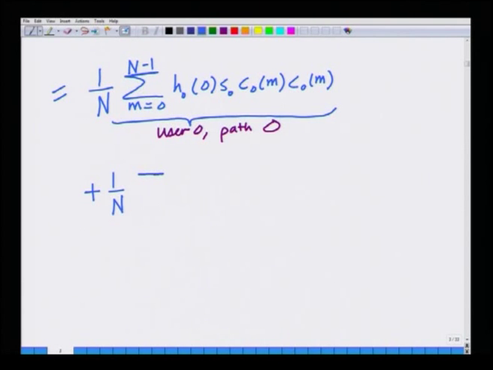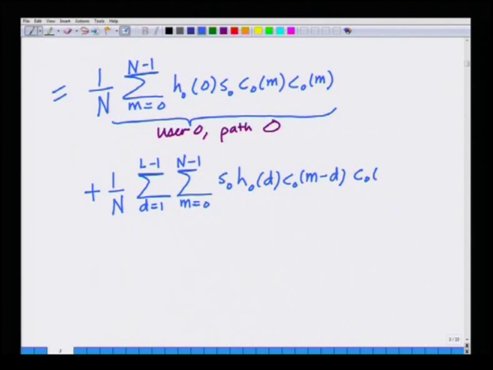This I will write as summation d equals 1 to L minus 1, m equals 0 to n minus 1, s 0, the symbol of user 0, h 0 of d, that is the channel coefficient corresponding to the dth lag, c 0 of m minus d times c 0 of m.